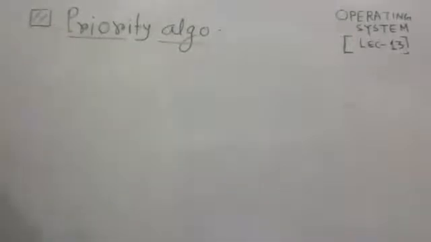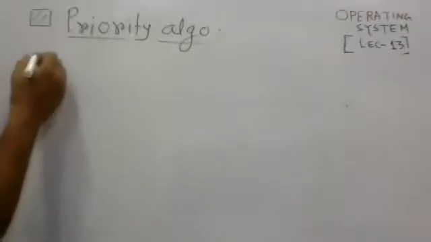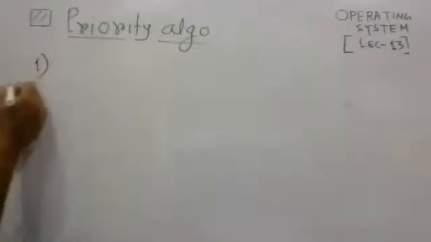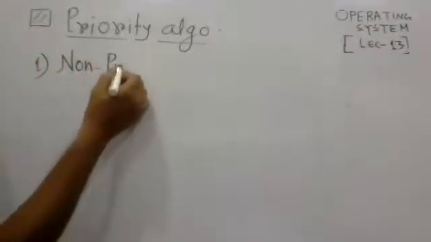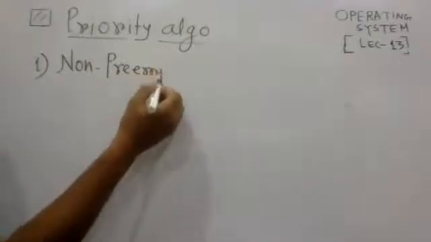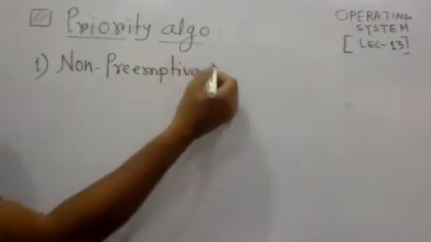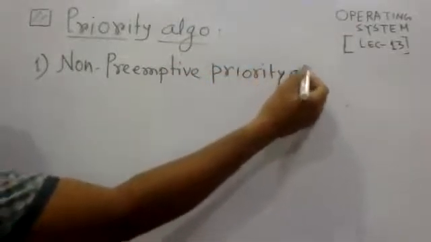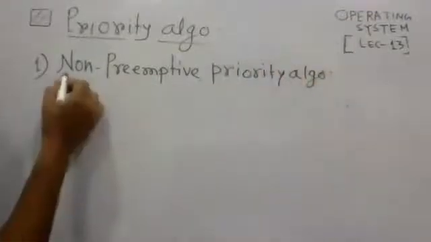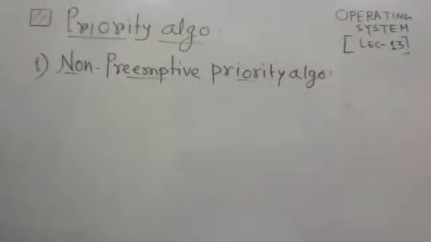Now see the non-preemptive priority algorithm, our first mode of priority algorithm. Here the criterion is obviously priority and the mode is non-preemptive.